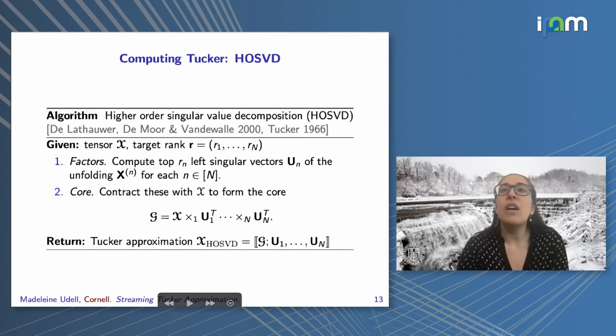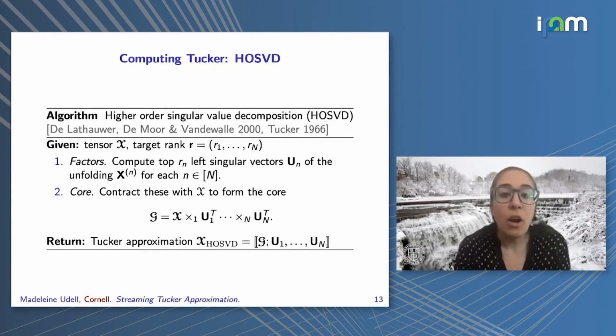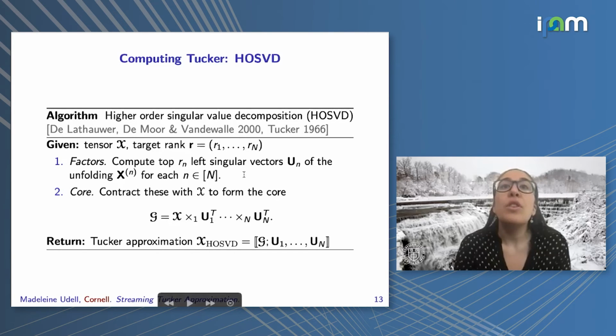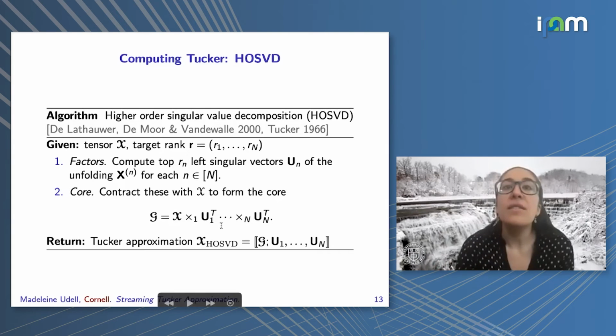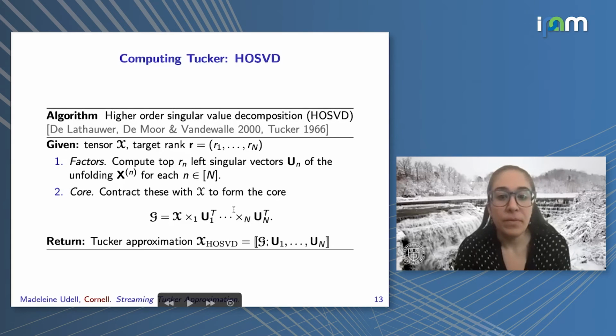So I get the factor matrices from the first step, and I get the core from the second step. The most important thing for our purposes to note about this is that you really need to look at X twice here. Once to compute the factor matrices, and again to compute the core. And you really need to look at it twice. You can't do both at the same time because you need to have already computed the Un before you revisit X to compute the core.